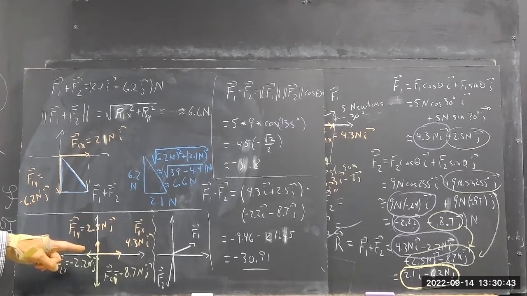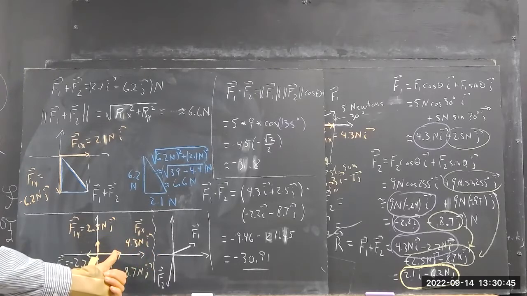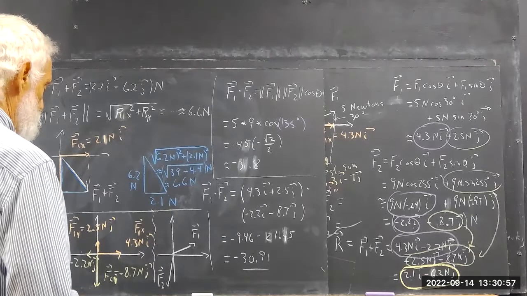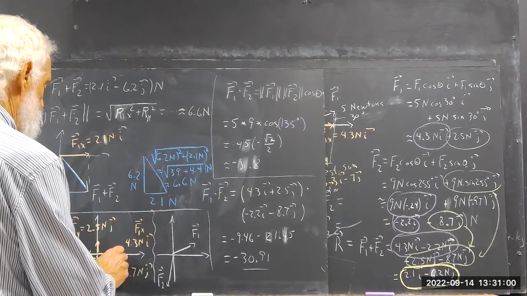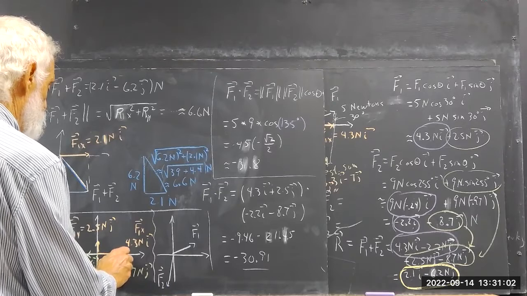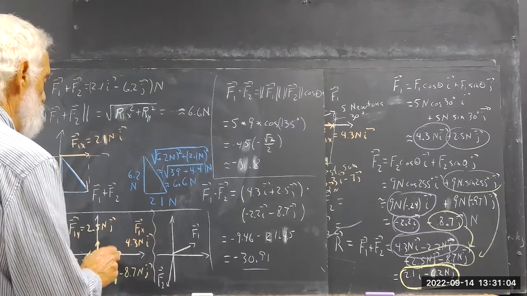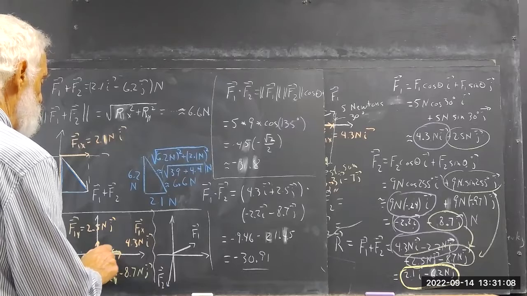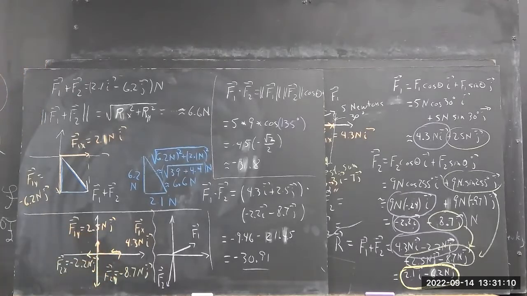Well, your X components are 4.3 newtons this way and negative 2.2 newtons in the X direction. You just add this to this, and it's like you take this vector and put it head to tail with this one. And the vector from here to here is going to be the X component of your result.